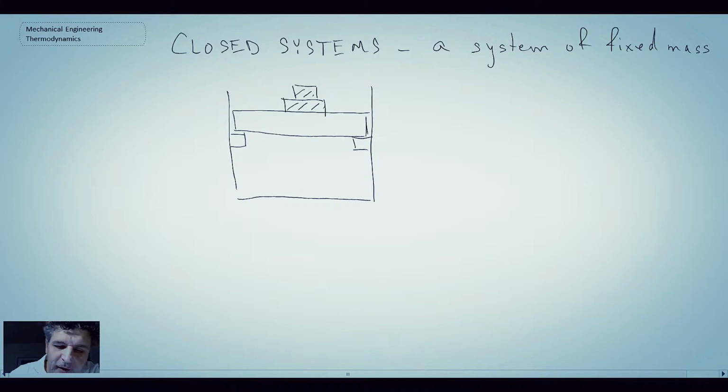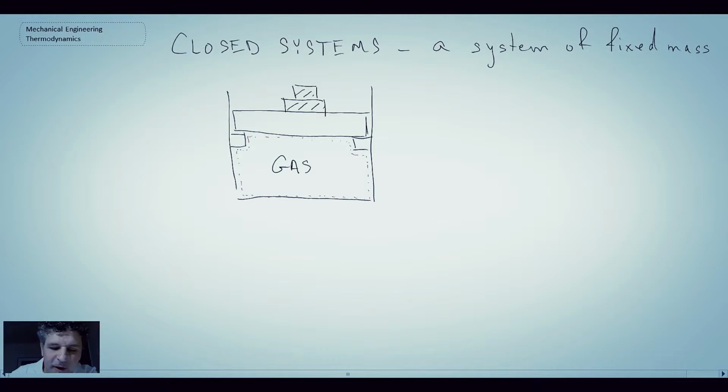And within our cylinder, let's imagine that we have a gas. Now, what we will often do is we will draw a boundary around our system. So in this case, the boundary would be along the walls of the cylinder. And our gas is inside.